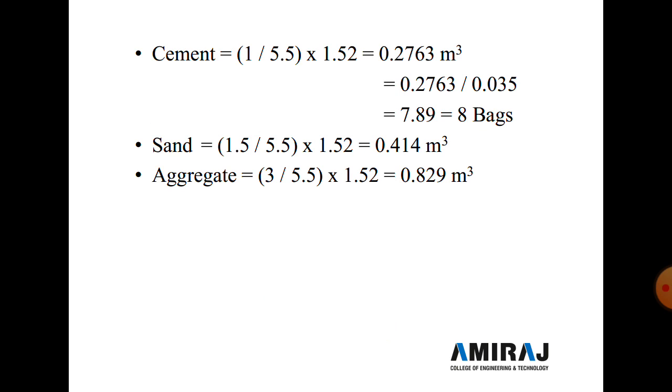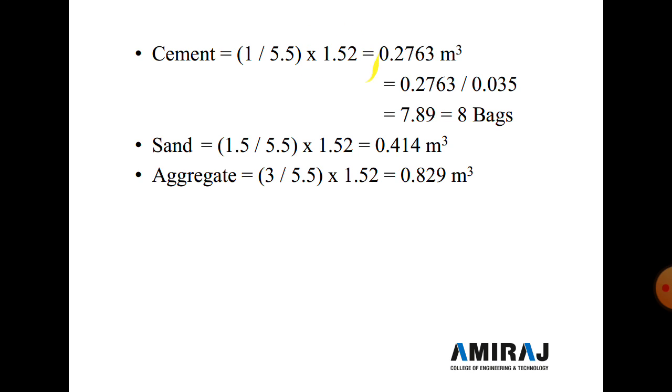Now we find out the cement, sand and aggregate quantities. First we find out the cement quantity. For the cement quantity, 1 part of cement, so we write 1 divided by 5.5. 5.5 is the summation of the cement, sand and aggregate ratio, and 1.52.